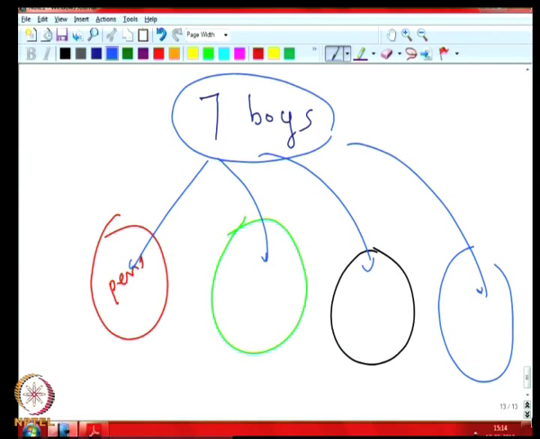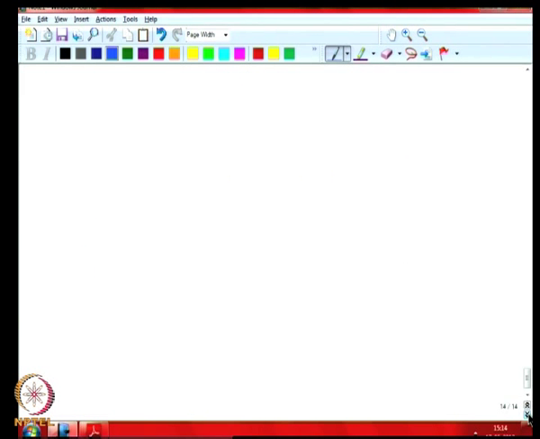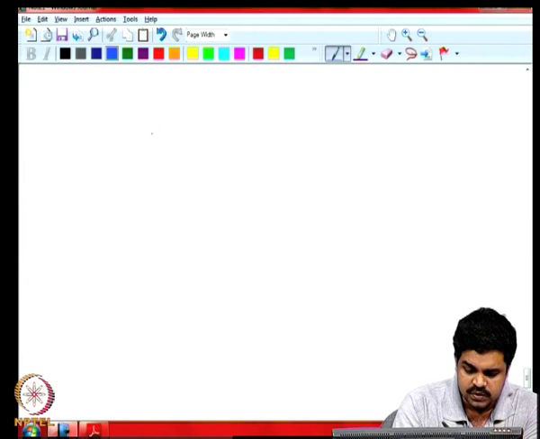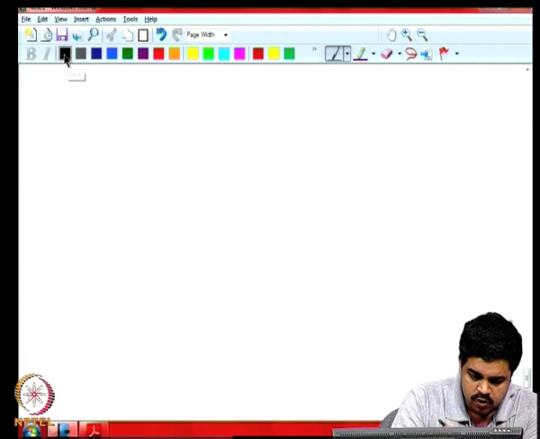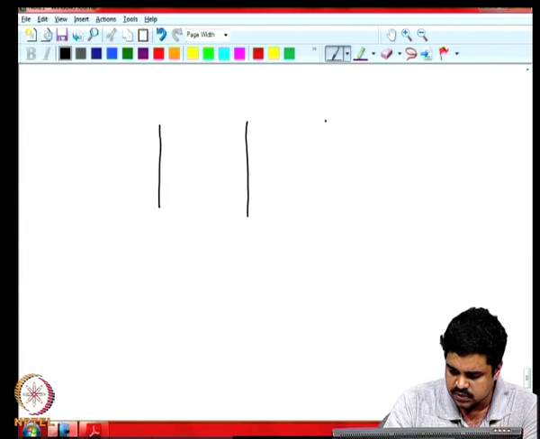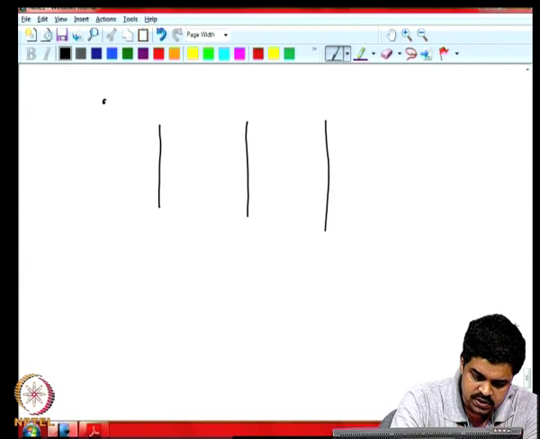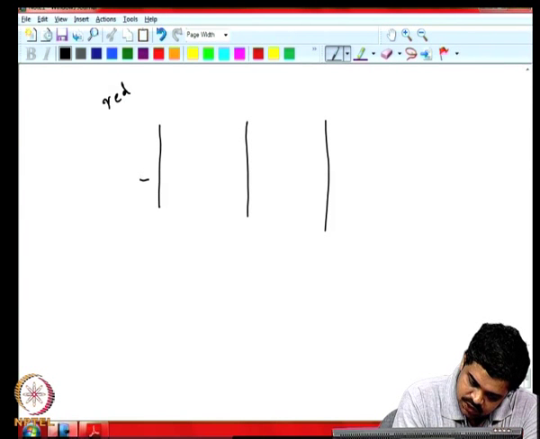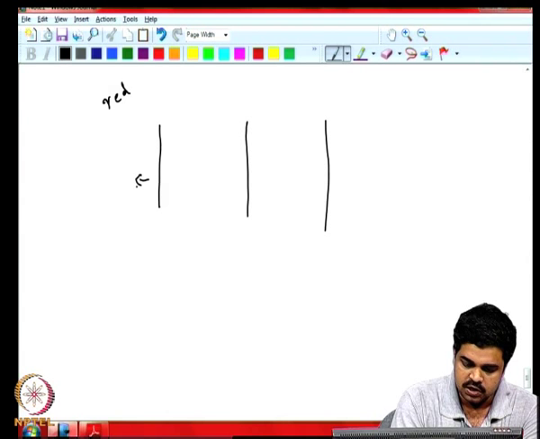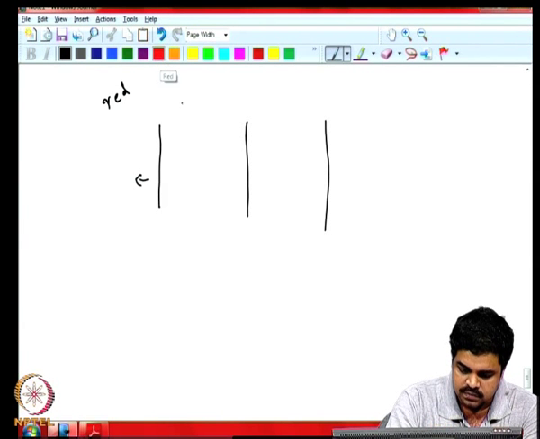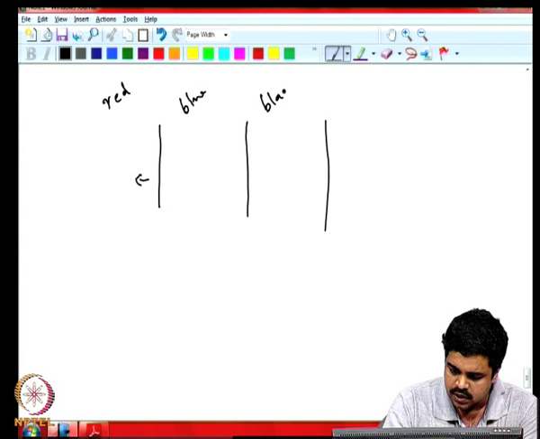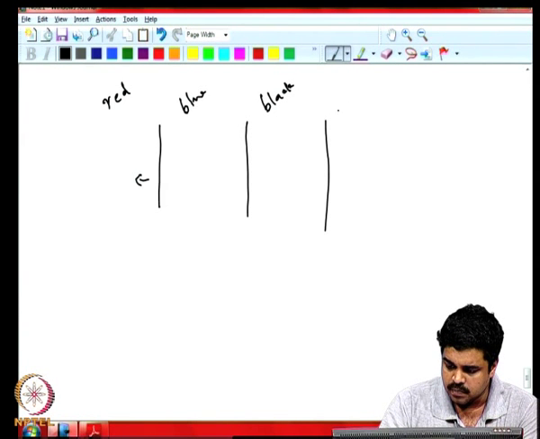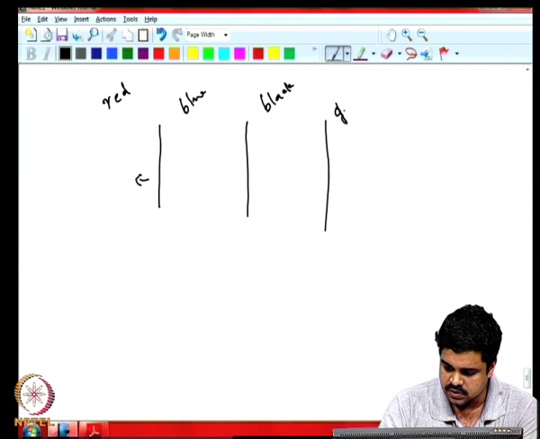So to solve this problem we will set up a bijection as follows. We will first draw 3 bars, and we will say that whatever I write before this is the red pens, and this is for blue pens, and this is for black pens, and this is for green pens, right.